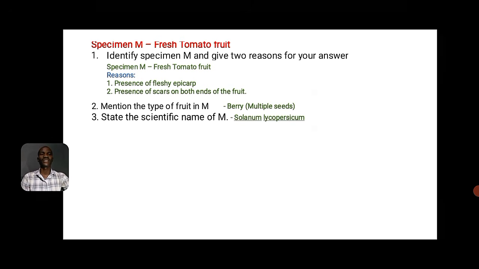State the scientific name of specimen M. So the scientific name is Solanum lycopersicum. The old name is actually Lycopersicum esculentum. So it has been renamed to Solanum lycopersicum. So if you write Lycopersicum esculentum, WAEC can give it to you. But the current name now is Solanum lycopersicum.